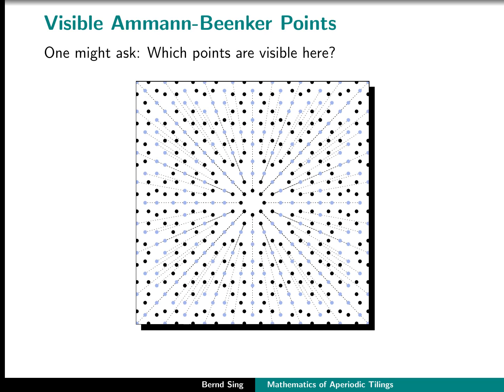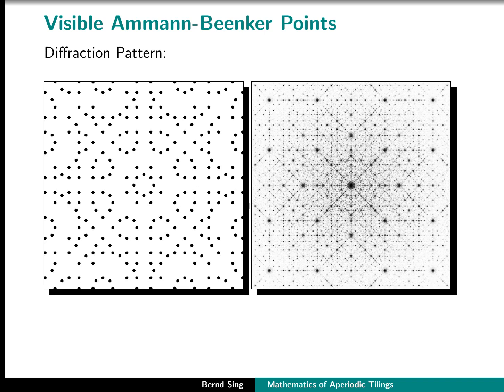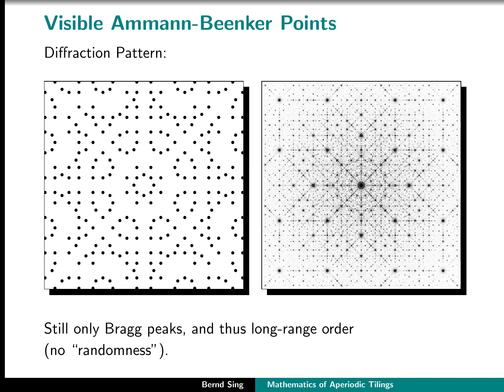So let's remove all the invisible points, and again we are able to calculate the diffraction spectrum. And that's how it looks. It's a bit more complicated, but still it only shows Bragg peaks and therefore shows long-range order and no randomness.